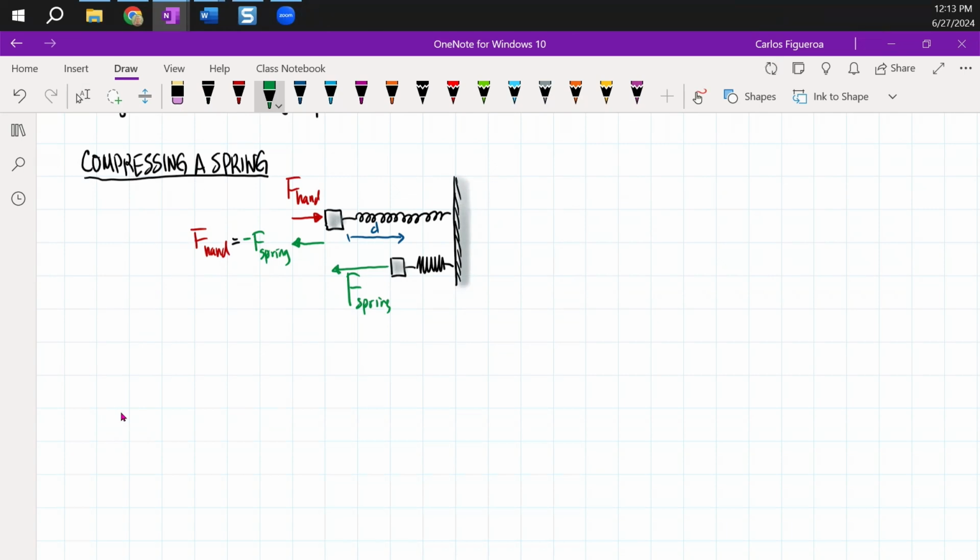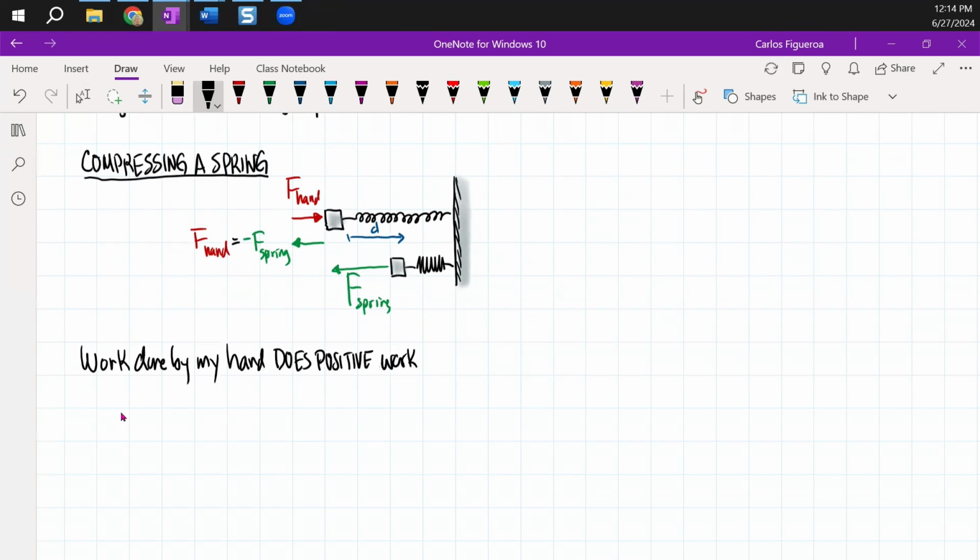Now we can look at this two different ways. We could look at this in the language of my hand, or we can look at this in the language of the spring force. So I'll start off with the force of my hand, but then I'm going to change it to the work done by the spring. So the work done by my hand does positive work.